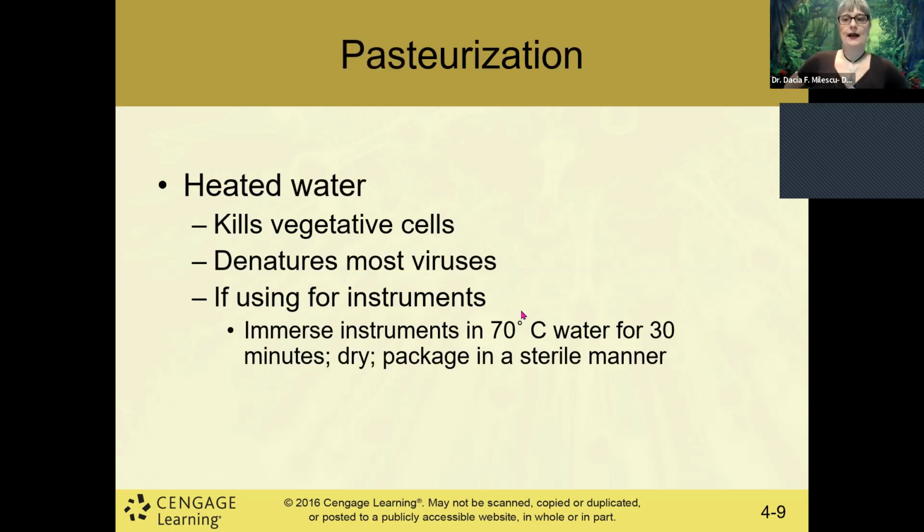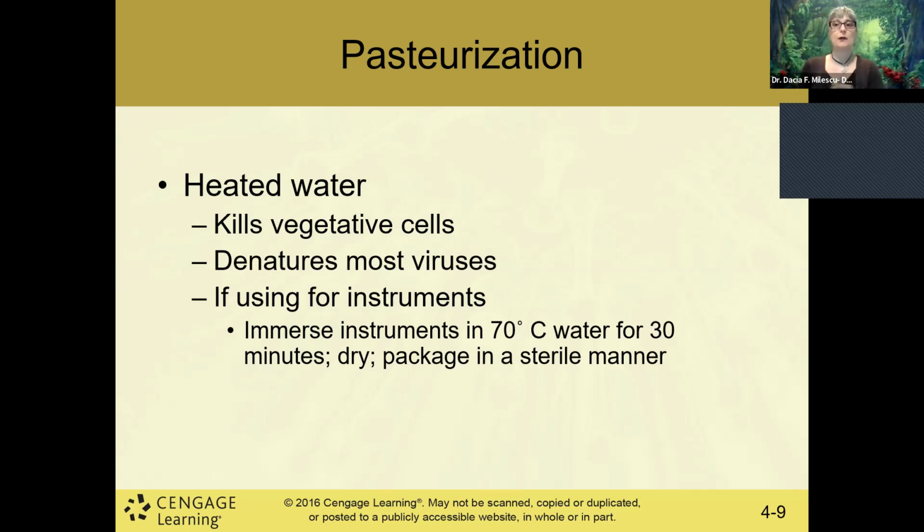Now, let's talk about pasteurization. Pasteurization is a very common way to deal with food so that we don't contaminate, or I should say decontaminate, the food. This is the way we pasteurize milk, so that when you're drinking the milk, you don't get severe diarrhea and sickness from the bacteria that is naturally found in the milk.